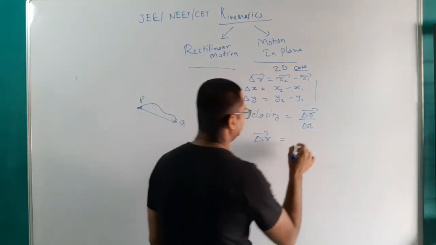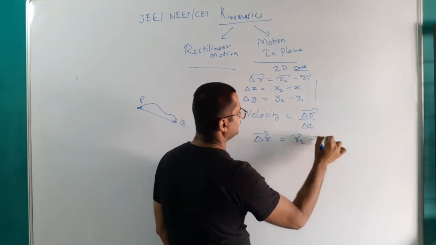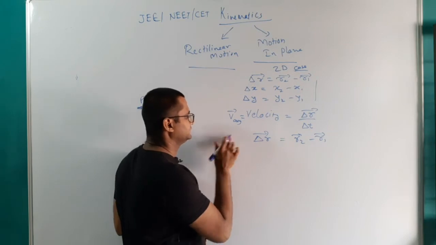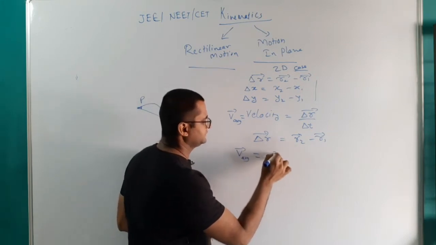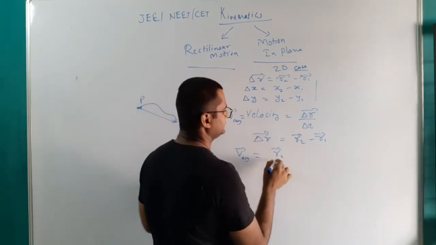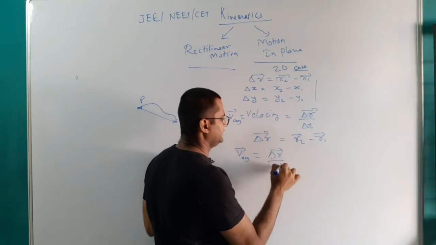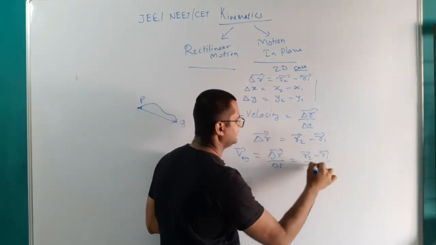Delta r vector will be r2 vector minus r1 vector. So in this way average velocity will be delta r vector upon delta t, or r2 vector minus r1 vector upon delta t.